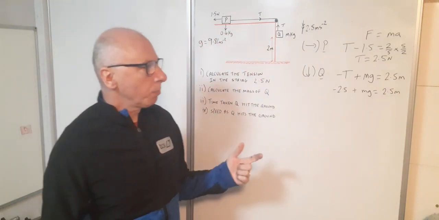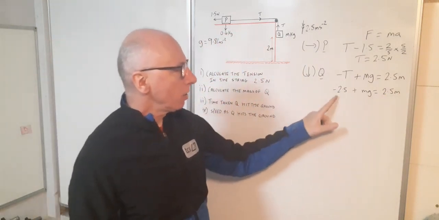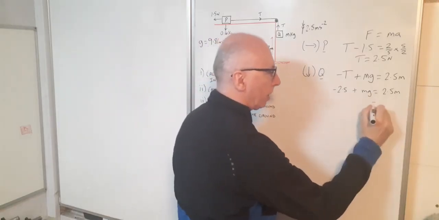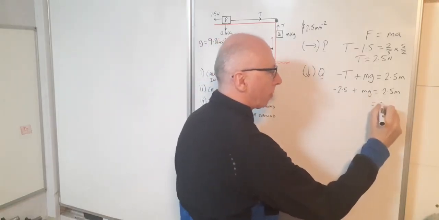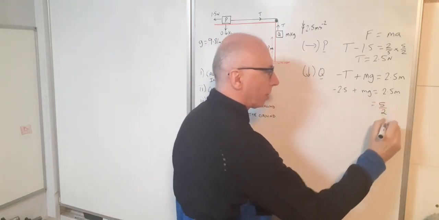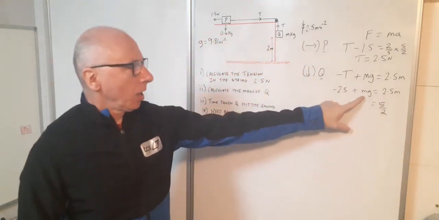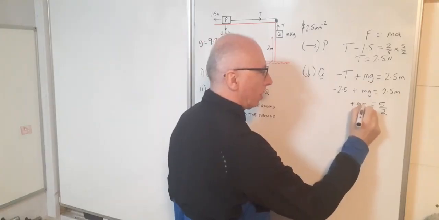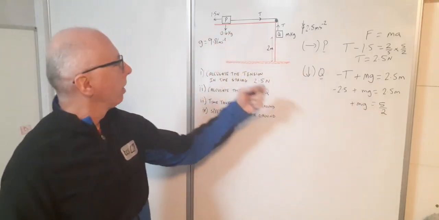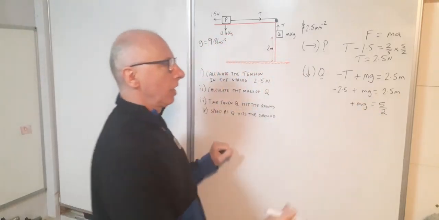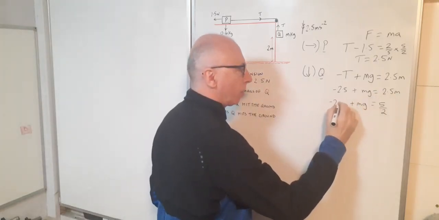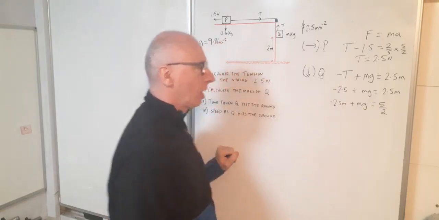Okay, well let's just move around these values a little bit. Let's bring the 2.5 over this side. So that's going to be plus 2.5, so let's go back into fractions, 5 over 2, and we've got plus mg. So g we know is just a number, that's 9.81. And the 2.5 m here will be a negative, so minus 2.5 m.